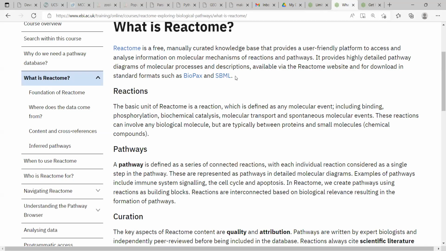When you try to map different types of data, you will face several kinds of problems. Suppose you want to identify which proteins are present in the Gene Ontology database and which proteins are present in the Reactome database. Then you will find that there are huge differences. Some proteins are present in the GO database, but are not found in the Reactome database. There are many different reasons for that, and that's why this kind of analysis is not very easy.